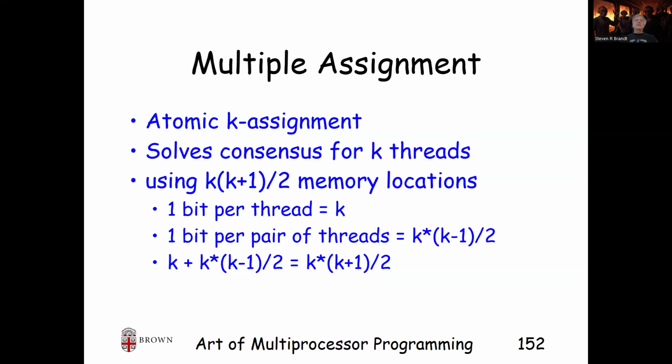Clue: you've got to think more things. Instead of 2 out of 3, you've got to do something more. Let's just focus on 3 consensus and see if we can figure that out.